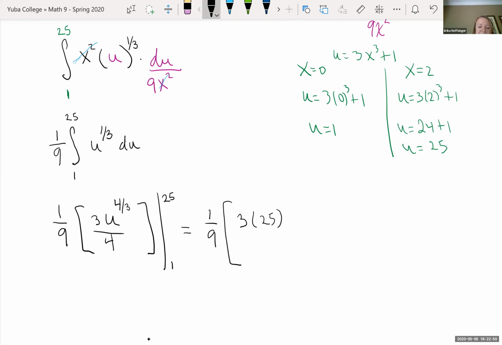Or it's the same thing as the cubed root of 25 raised to the 4th, all over 4, minus, now plug in 1. It's only one term, so I don't have to worry about putting parentheses around this. So plugging in 1, we get 3 times 1 to the 4/3, all over 4.